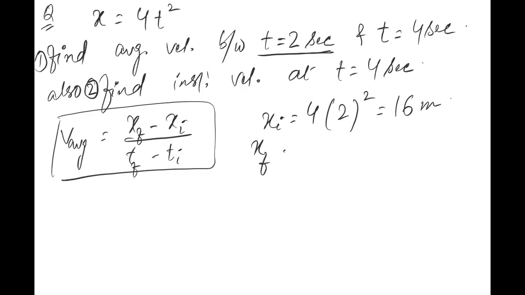What will be the final position? The final position would be 4 into 4 square. That is equal to 64 meter. Am I correct? Tell me yes or no. Yes, sir. Now we have to write average value.